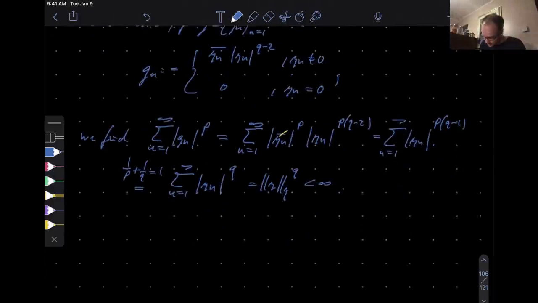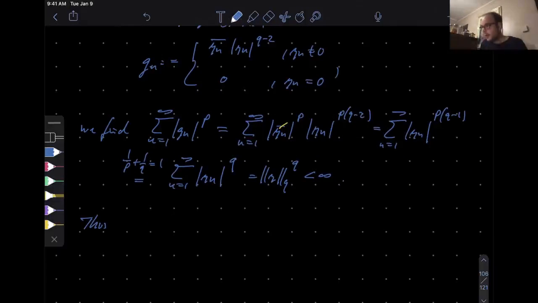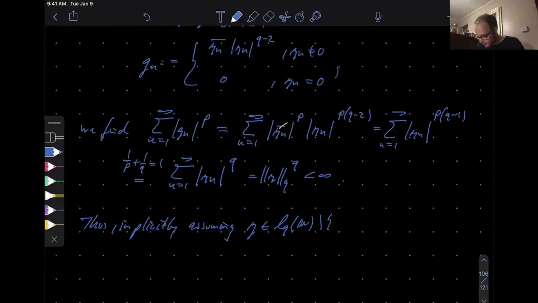Thus, implicitly assuming that my starting vector is not the 0 vector, because if it's 0, then the linear functional is going to send it to 0, so I'm not going to gain any information from that.